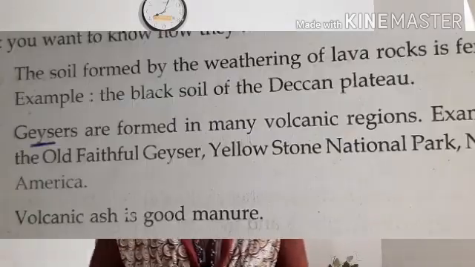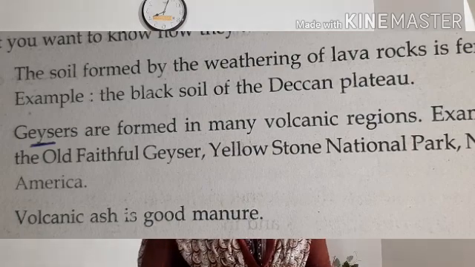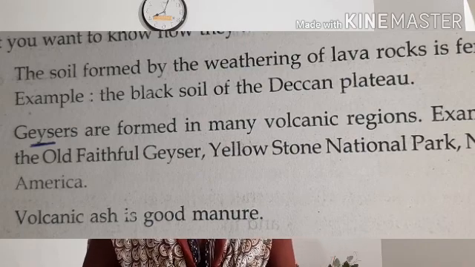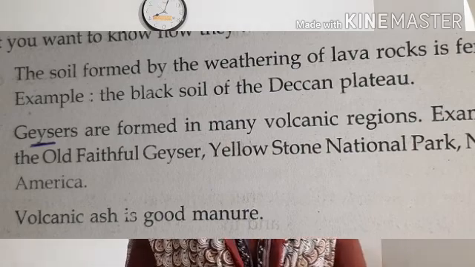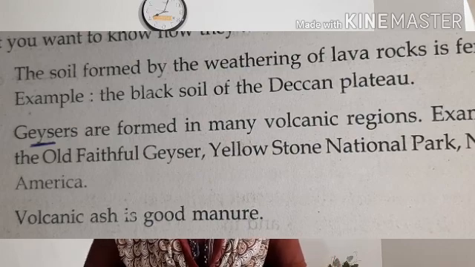During volcanic eruptions, the molten material reaches the surface of the earth, solidifies and forms lava rocks. And the soil formed by the weathering of lava rocks becomes very fertile. For example, the black soil of the Deccan plateau. It is the first usefulness.